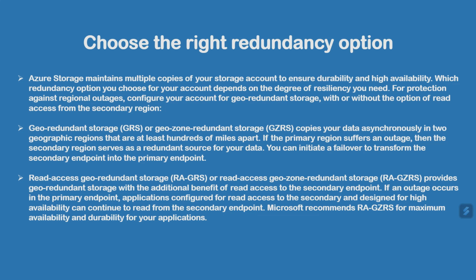With GRS or GZRS, read access won't be available to the secondary endpoint during the failover or during normal times as well. While with read-access enabled GRS or GZRS, you will have read access to the secondary endpoint even if the failover is going on or on a normal basis as well. So you will always have read access to the secondary endpoint regardless of the primary.